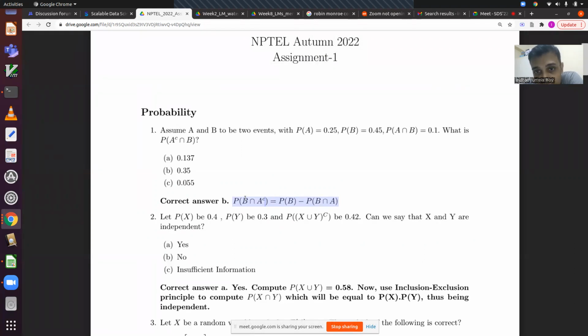So the circle of A would be 0.25, the circle of B would be 0.45, and the intersection shaded area is 0.1, right? So A complement intersection B is what? A complement is anything outside the A circle, and it intersects with B. That means the part of B that is not in A intersection B, that crescent moon-like part of B. So it's easy to draw those circles and get the answer.